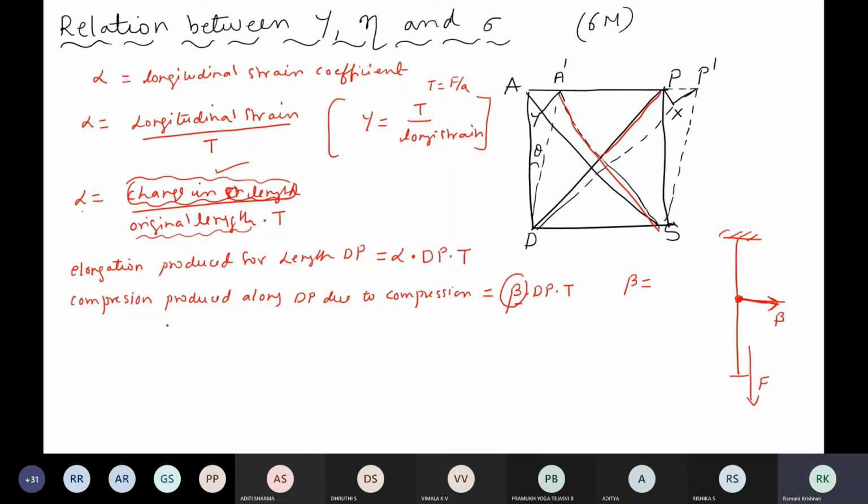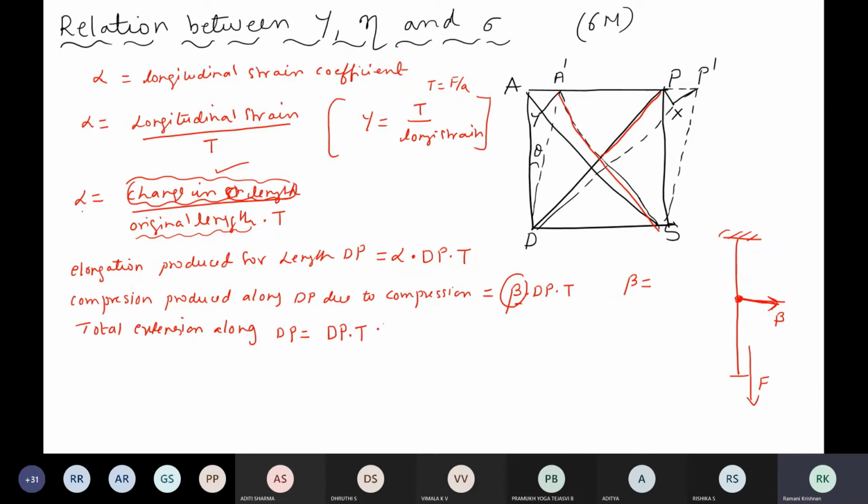Now let us see what is the total effect. The total extension along dp is due to both, due to alpha also, due to beta also. So I should add. I'll write is equal to, what is common? dp is common, t is common, then alpha plus beta.